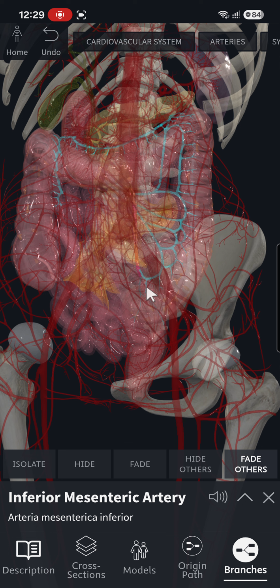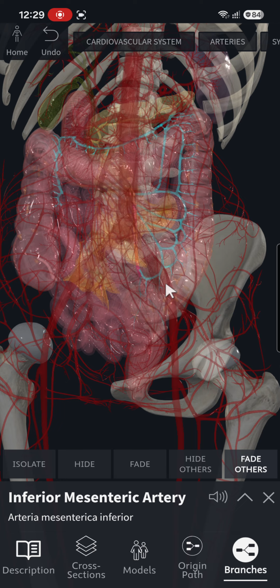The superior mesenteric artery originates from the aorta at the level of L1. And then the inferior mesenteric artery originates from the aorta at the level of L3, right? And then the aorta bifurcates into 2 common iliacs at the level of L4. So now we have L1, L3, and L4, right?